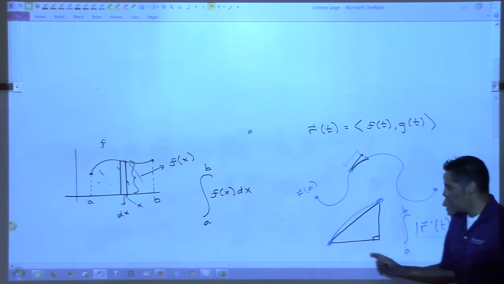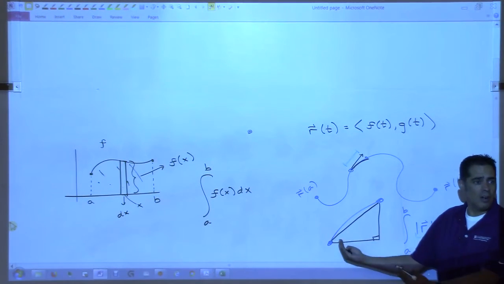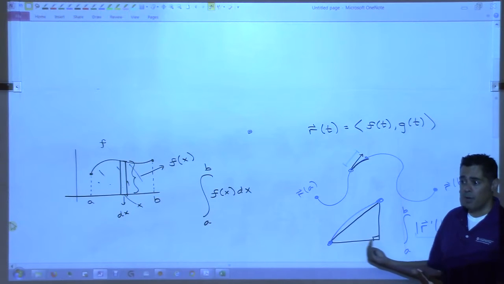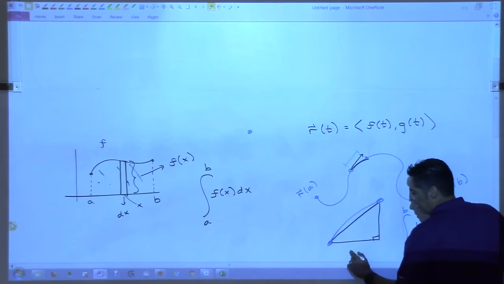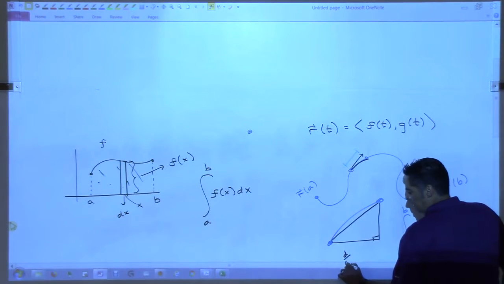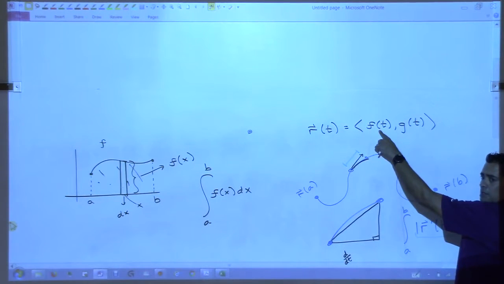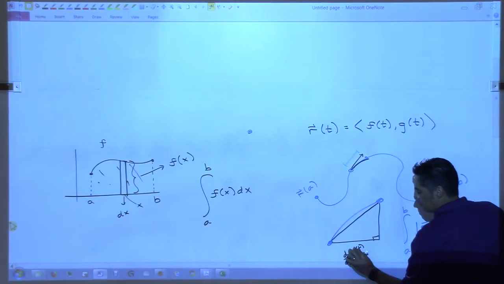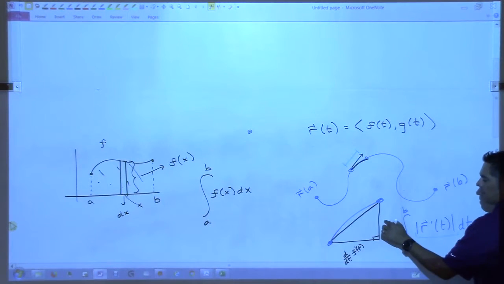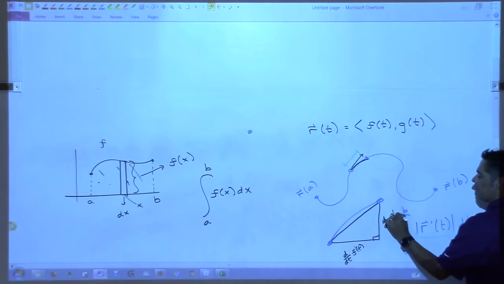Shouldn't this be our change in our x direction, our x component? And this should be our change in our y component. So this is the change with respect to time of this direction, which is f of t, sorry. And then this right here is the change with respect to time of g of t.